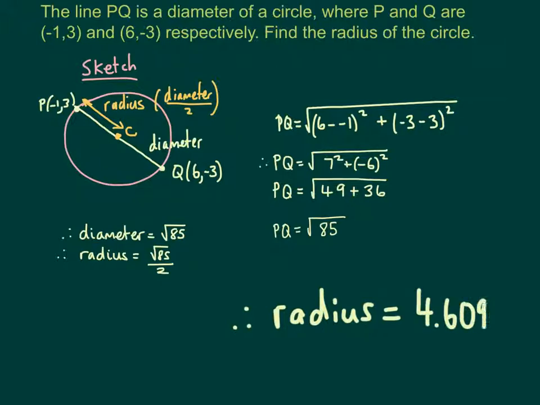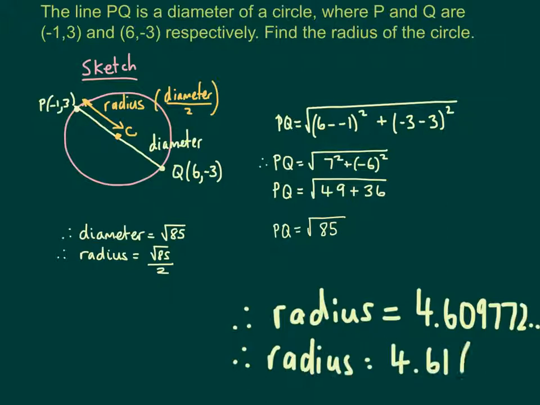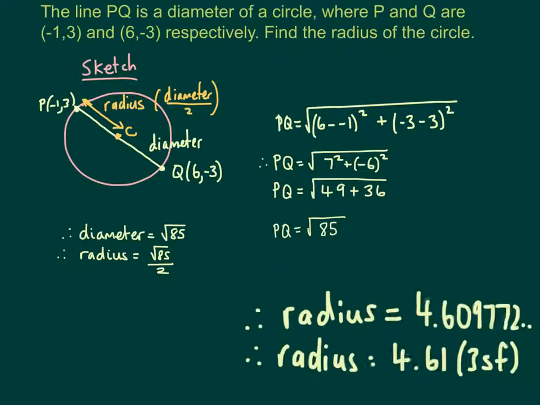There's the full number, and then you round it as you need to. So let's round it to 3 significant figures. Alright, done, and that's it.